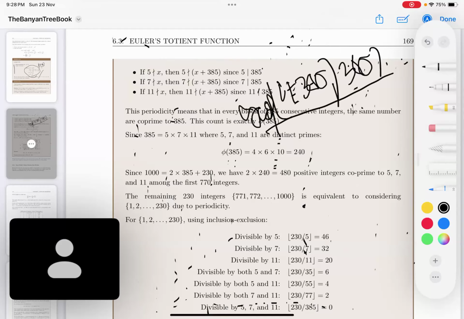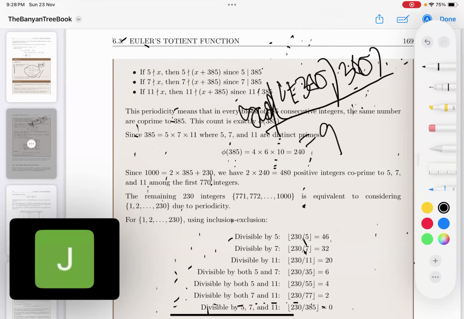That's our claim, correct? Yes, sir. It equals GCD of I, comma 385. Correct? Is this statement true? Yes, sir. This can be proven as follows.